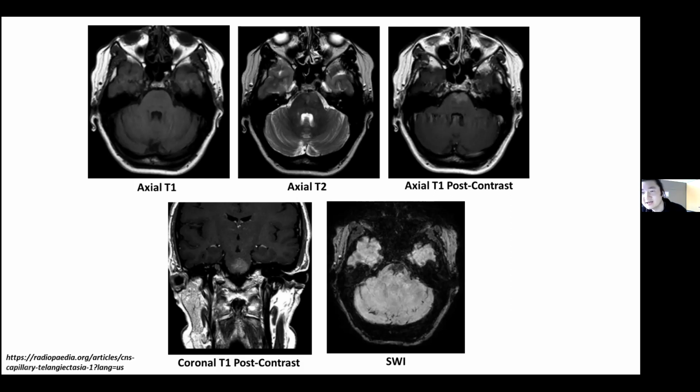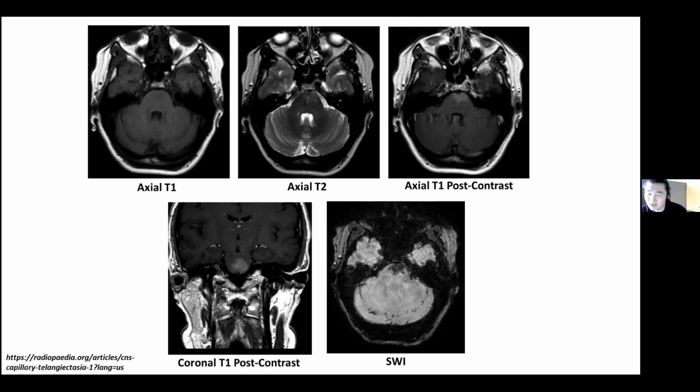So over here, this is a case of a capillary telangiectasia in the pons on the top left axial T1. It's pretty subtle. I would say it's isointense, but at least in certain articles on Radiopaedia, they say you can sometimes see a low signal change, which I don't appreciate here. On T2 FLAIR, similarly, you can sometimes see a subtle change that's hard to pick up.